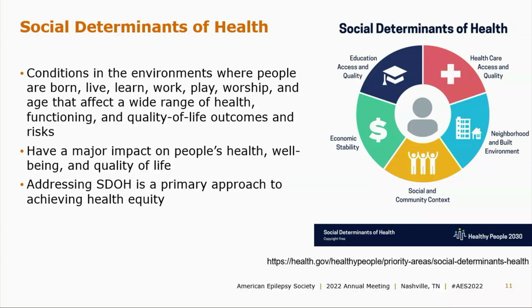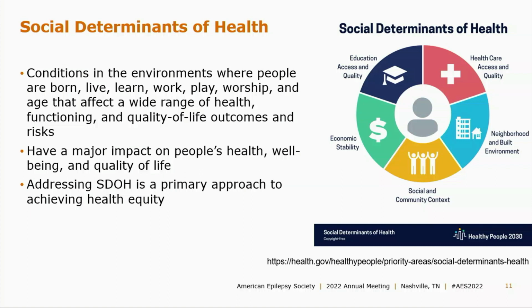And so social determinants of health is also something that we've heard a lot more about recently. These are the conditions and the environments where people live, learn, work, and play, that can affect their health and quality of life. And addressing these is a primary approach to health equity.